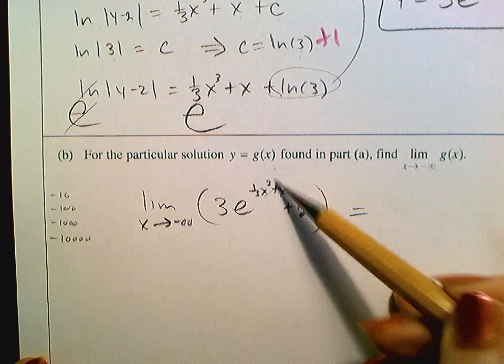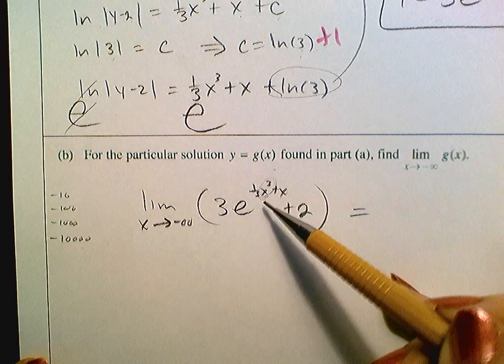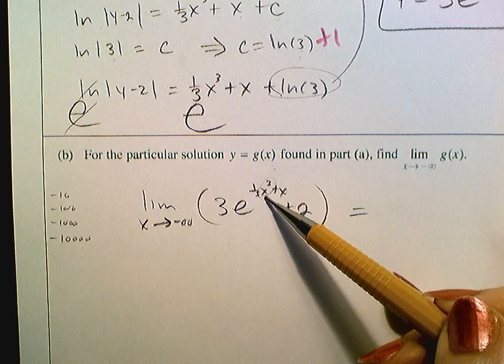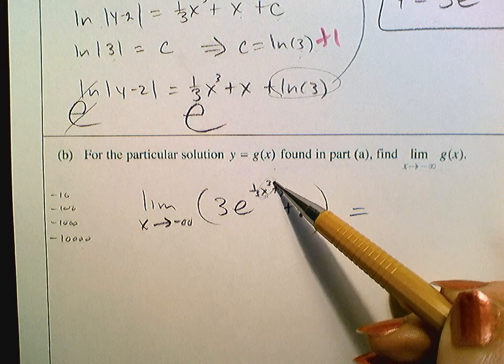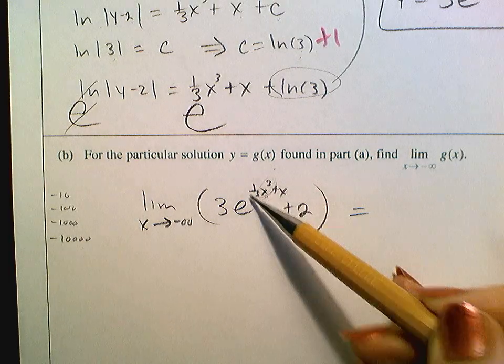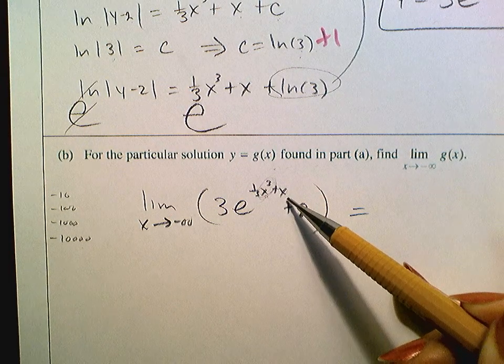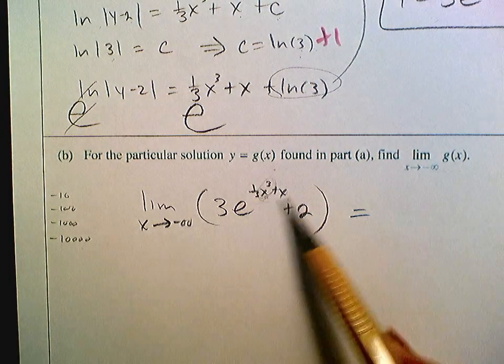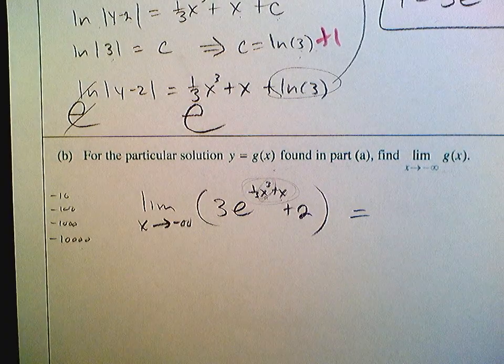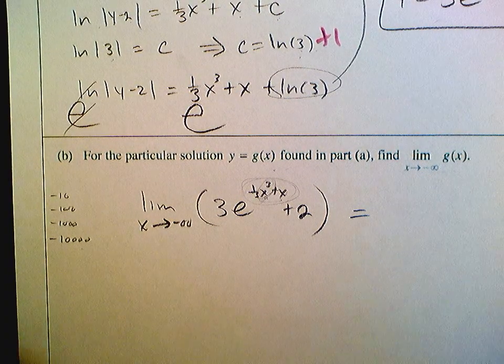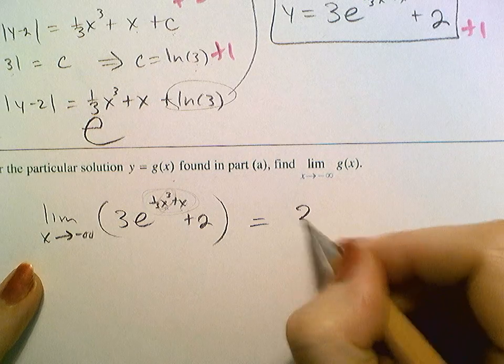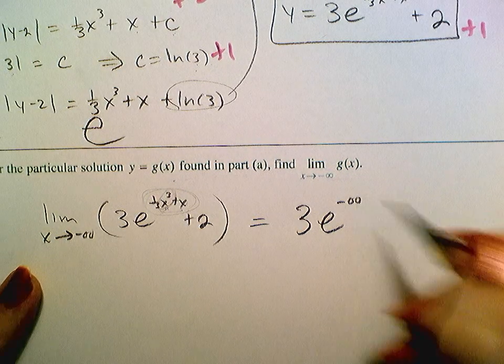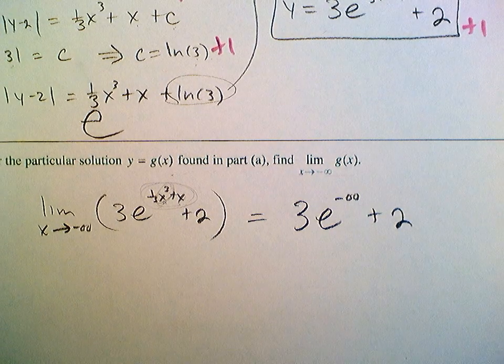Well, guys, if you plug a really big negative in here, it gets cubed. So you end up with a really big negative. So you've got a really big negative plus a really big negative. This is a huge negative that just keeps getting bigger and bigger. So you end up with 3e to the negative infinity plus 2.